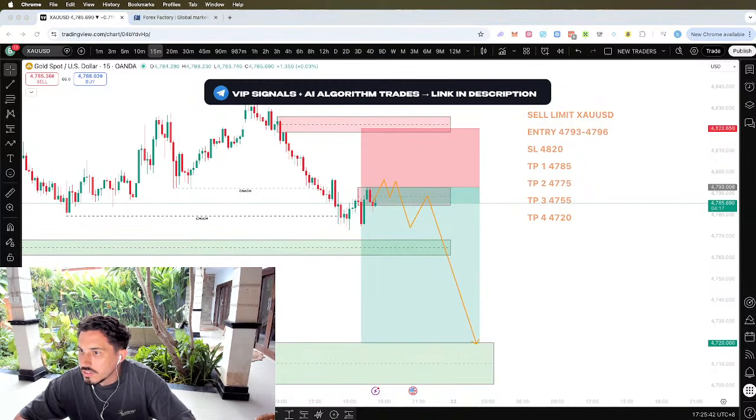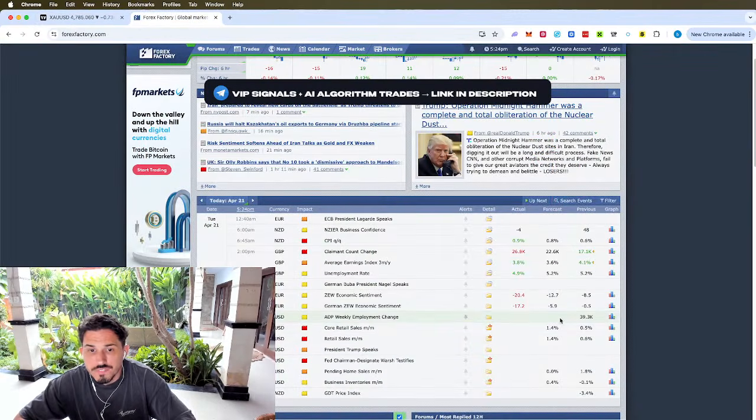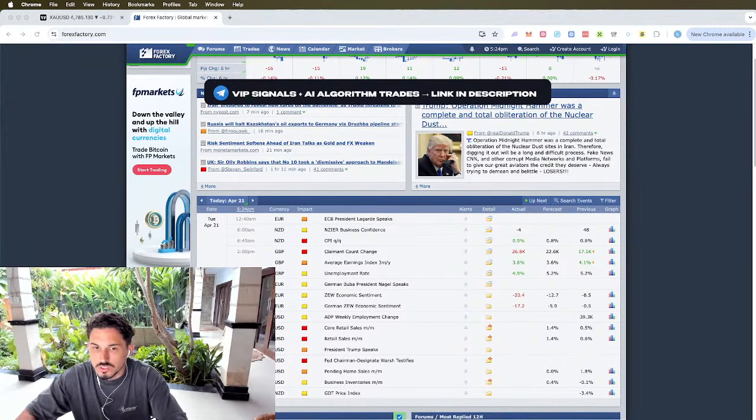Then you get $5,000. It's going to spike to the down or upside after news, I don't know. So in theory, if this core retail sales goes up, it should be good for the dollar. Let me check the fundamentals.